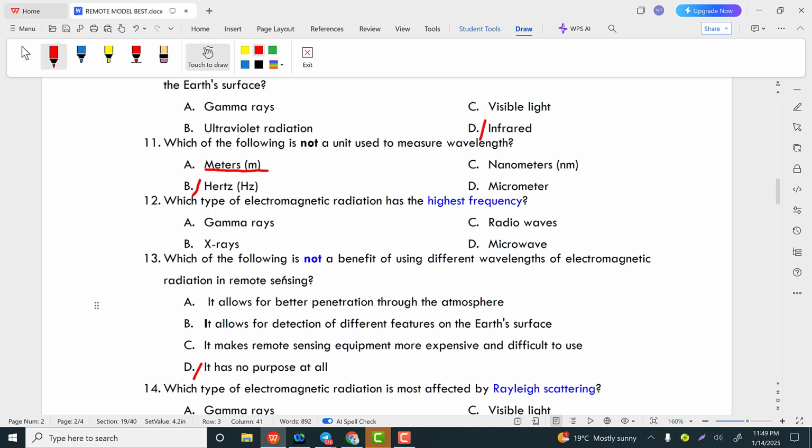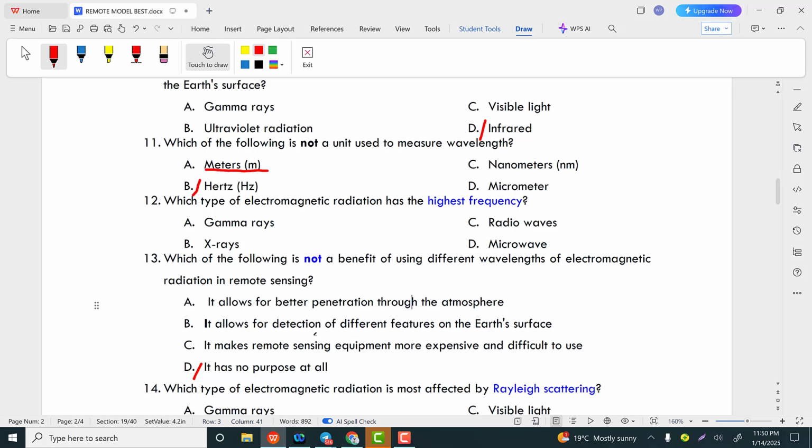Let me explain. The question is not the benefit of using different wavelengths of electromagnetic radiation in remote sensing. If we use different electromagnetic radiation from short wavelength ray to long wavelength ray, there is the probability to penetrate through the atmosphere. Option B, it allows for detecting and collecting various and different features on the surface.